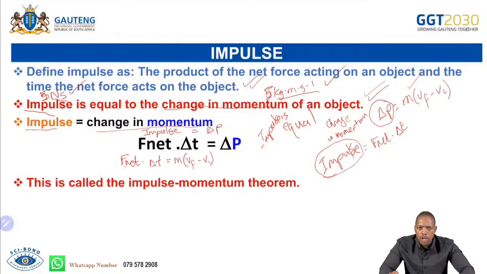Impulse is equal to the change in momentum. I will repeat again, impulse is equal to the change in momentum. It is very important to me that you understand this, because without understanding it, you are going to be losing a lot of marks, and these are free and very simple marks to get.